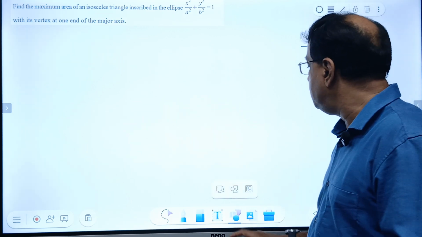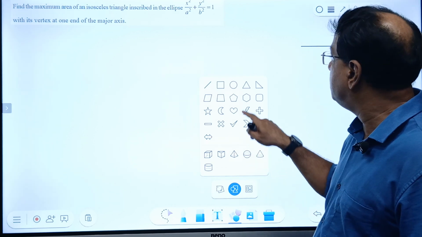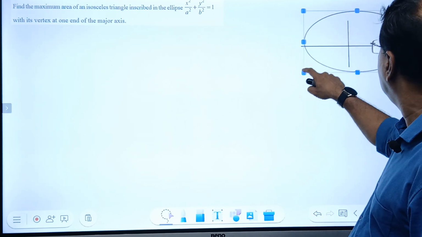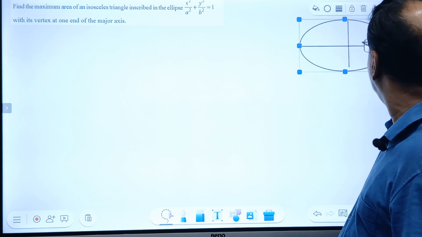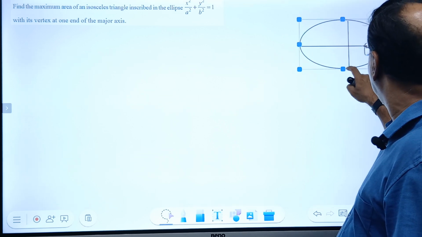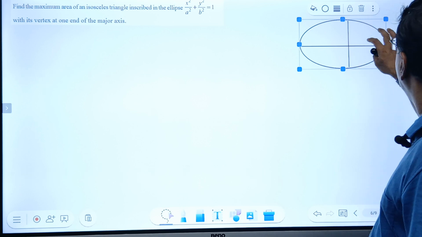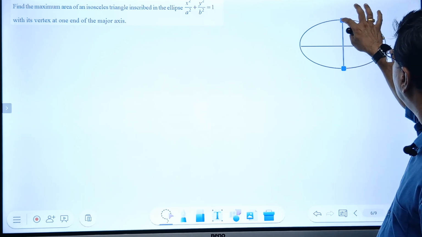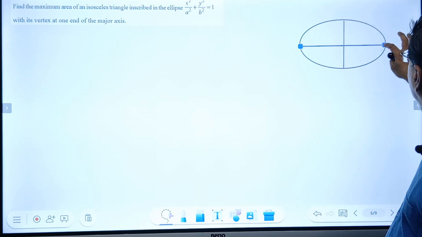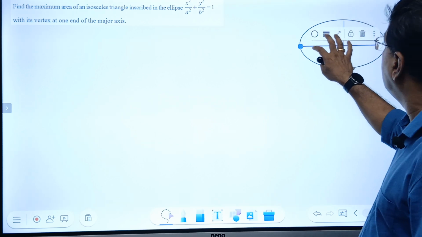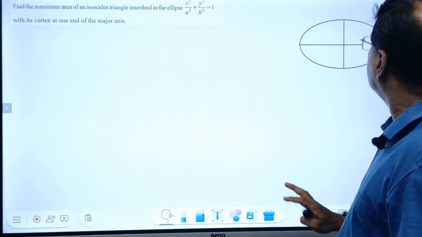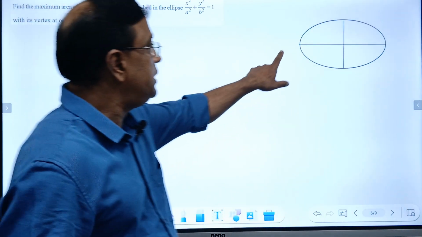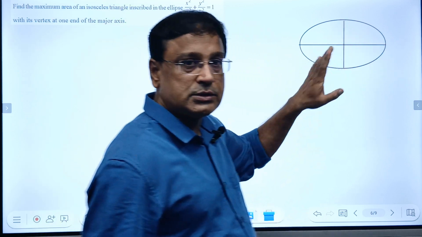Now let's draw an ellipse. Okay, this is the ellipse. To some extent we have drawn the ellipse. Now this is the major axis, this is the minor axis. I think you know all that.